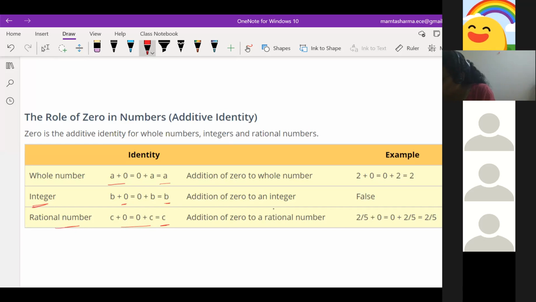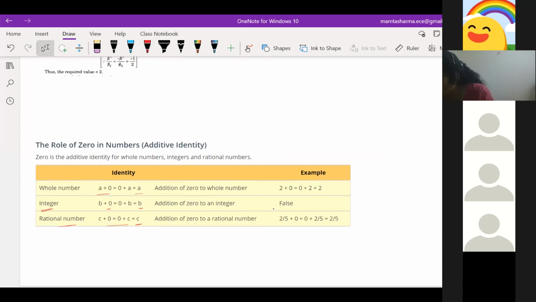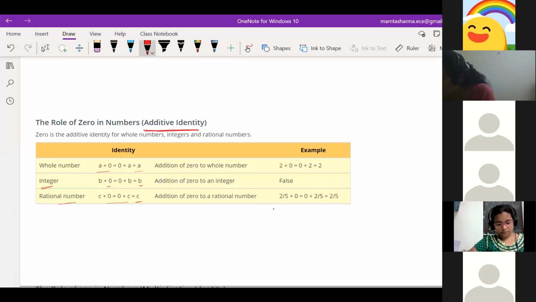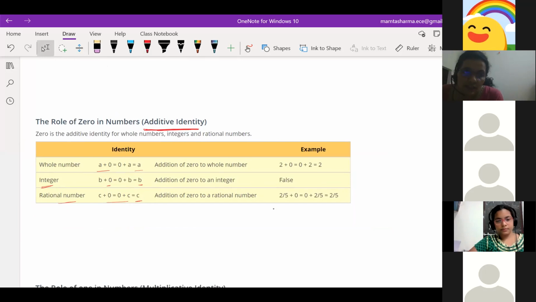This is the role of 0. This property is known as the additive identity. So in a question it may be asked: what is the additive identity of 1 by 2? Tell me.